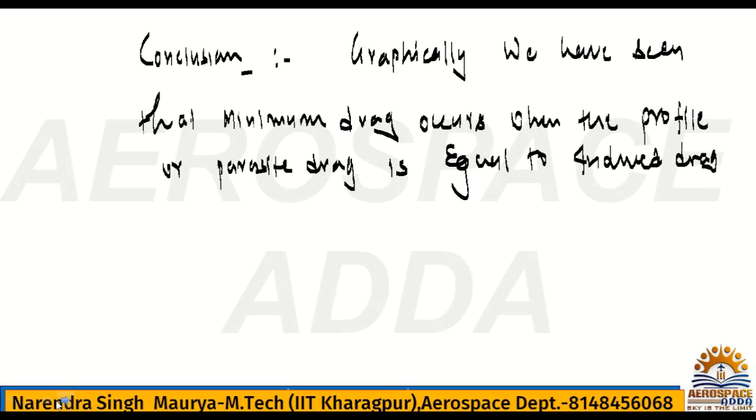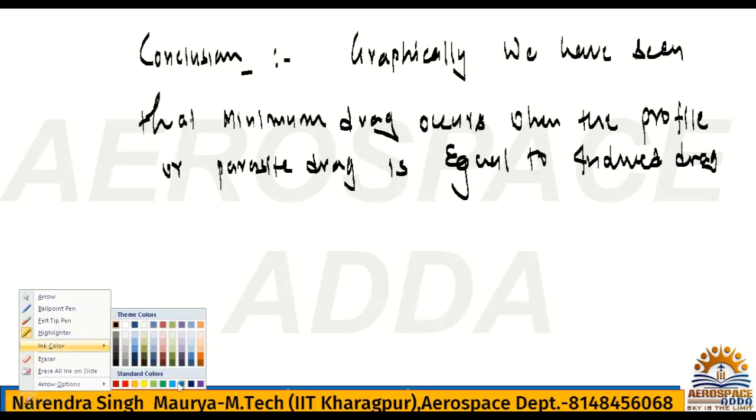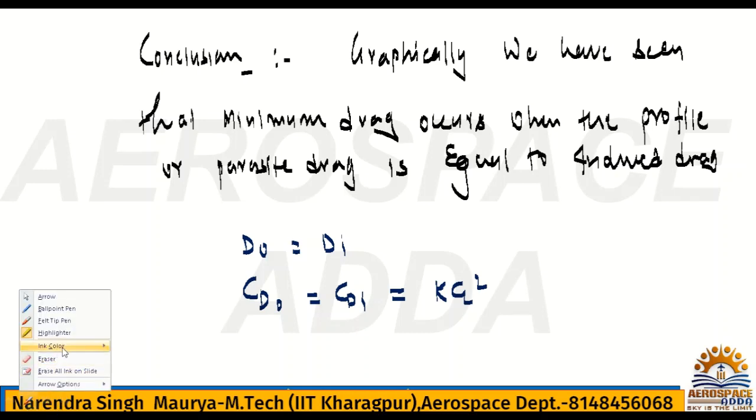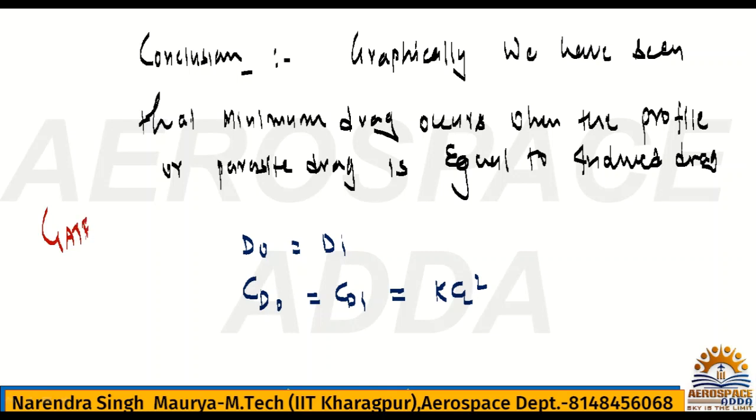Means D naught is equal to induced drag, or in terms of coefficient, CD naught is equal to CDi, and what is CDi? It is K CL square. This is the GATE question.